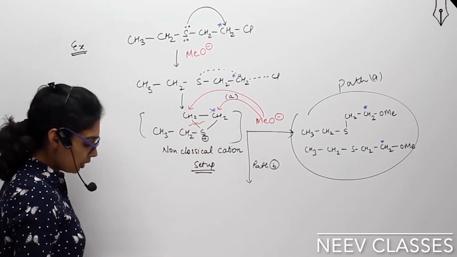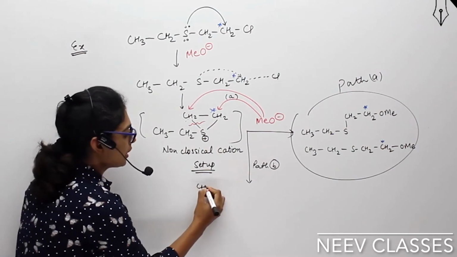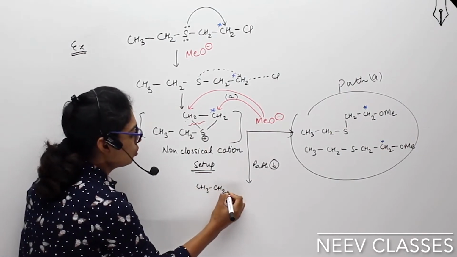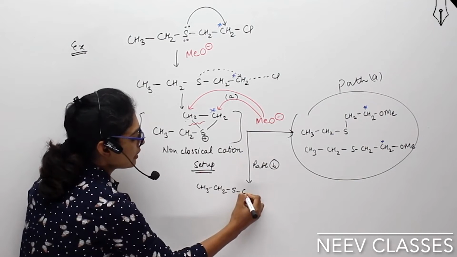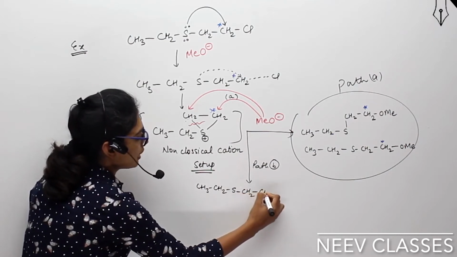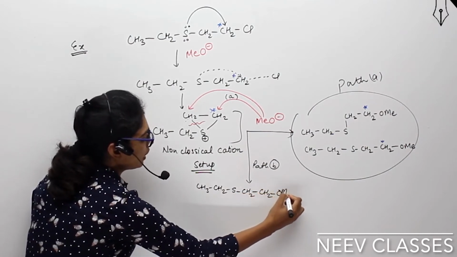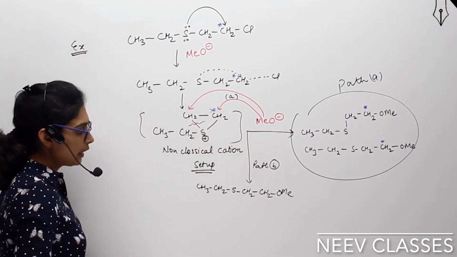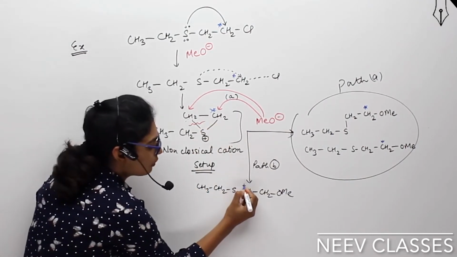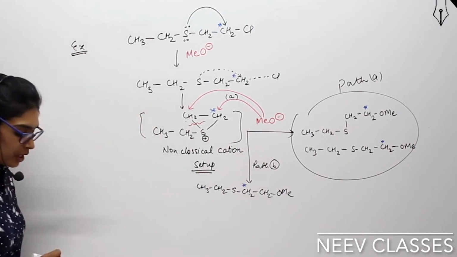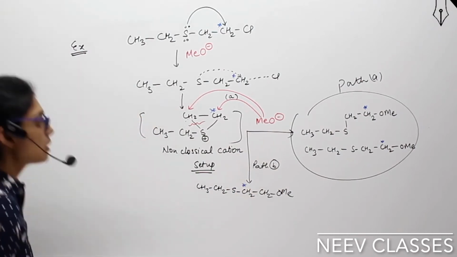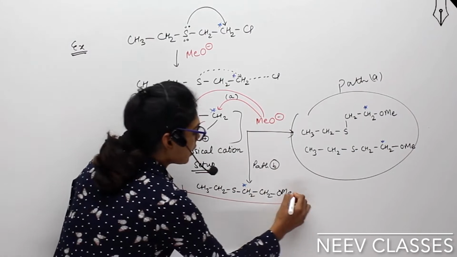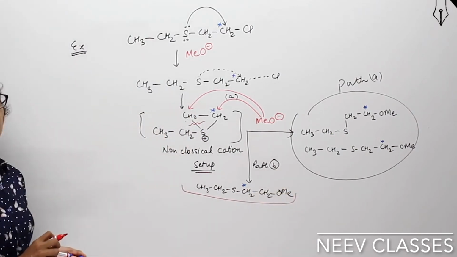Hence, we'll get the product as CH3, CH2, S, CH2, CH2, OMe, and now this sulfur is attached to carbon 14 directly, and the positioning of carbon 14 is here. So these are the two possible products if neighboring group participation happens.